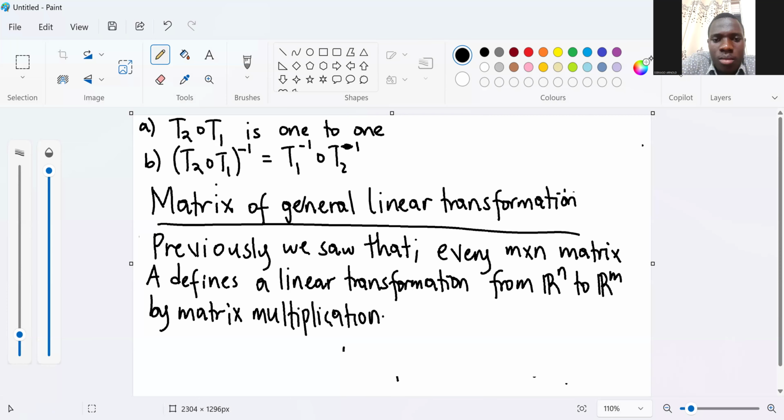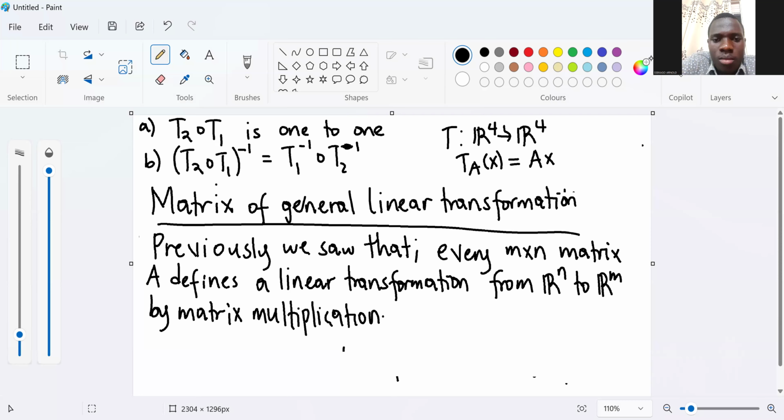What do I mean? Now, in the other example, which I have just computed here, recall that we're having T from R4 to R4. This transformation was defined by T_A(x) equals Ax, where A was a matrix.